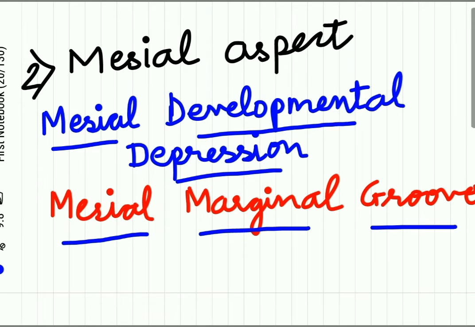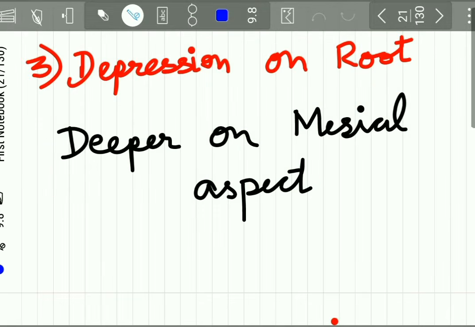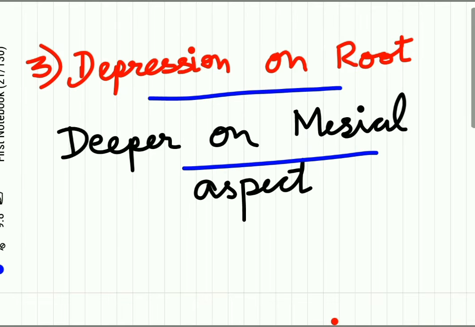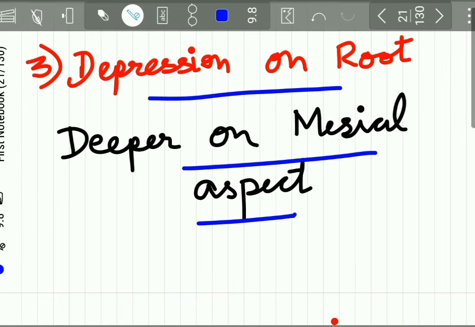This mesial marginal groove arises from the central groove on the occlusal surface. It crosses the mesial marginal ridge and it ends on the mesial surface of the tooth. Third, you should also note the depression on the root. The developmental depression which is present on the mesial side is always deeper than that on the distal side.